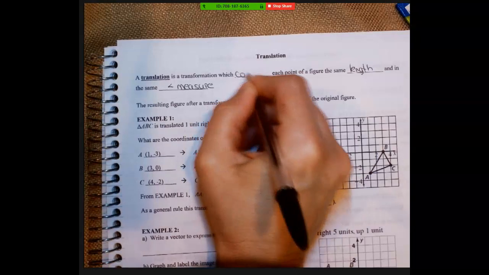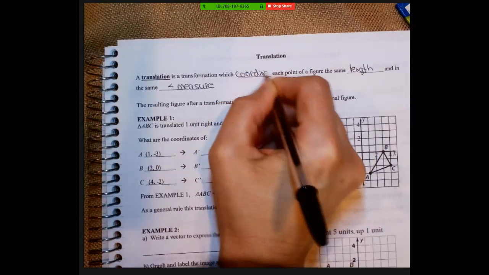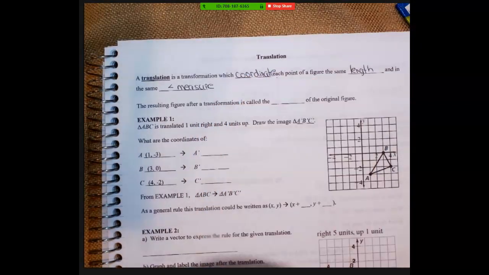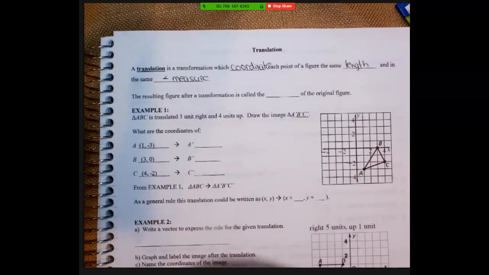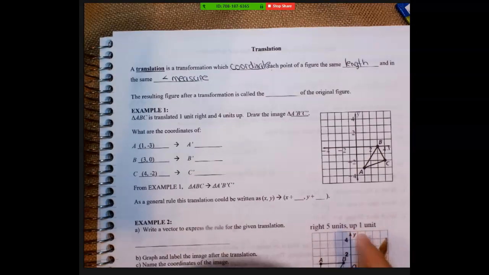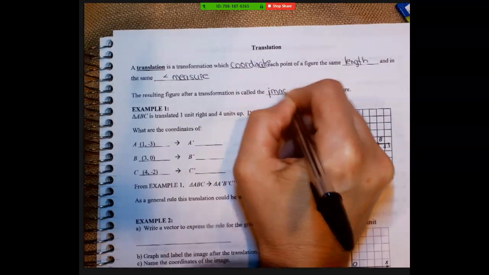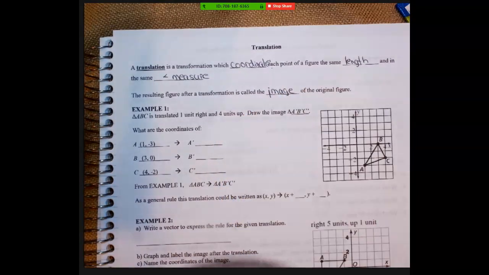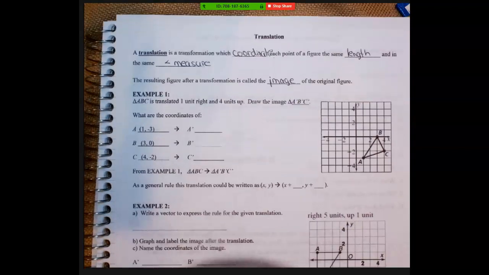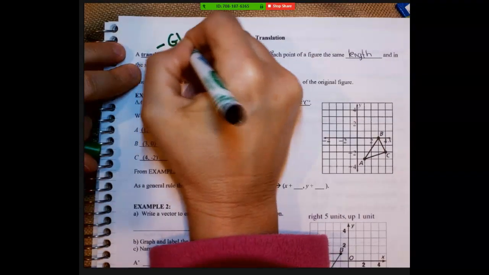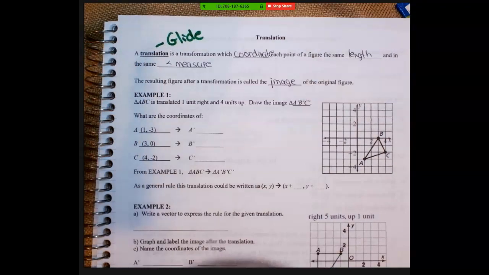So the resulting figure after transformation is called the image of the original. That just kind of goes along with what we talked about on the front in terms of pre-image and image. So in this particular case, really a translation is just gliding it, or you are moving it.